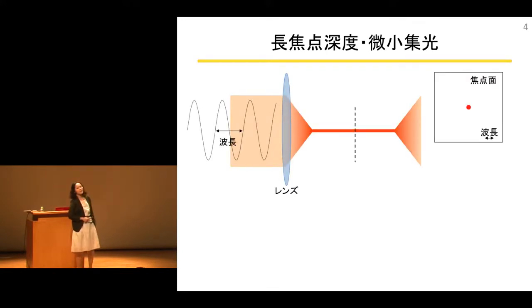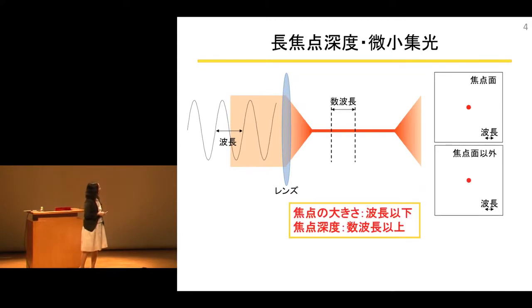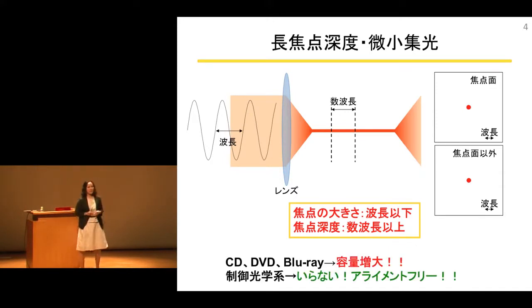With this, when laser light is collected by a lens, a focal point smaller than a wavelength will be created, and there will be no out-of-focus issue because the focus depth is deep. If we can create this kind of small focal point with a long depth of focus, we may be able to create a very simple device which doesn't require an increase of the capacity or adaptive optics.